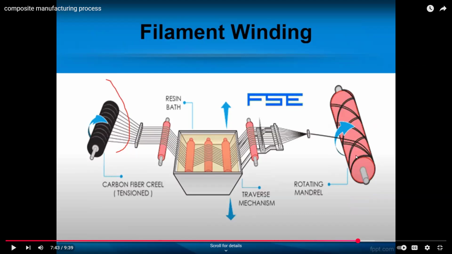At this stage, fibers and resins are wet. It's not solid, it's a liquid. So we can make even small diameters or large diameters. This is a very typical way of filament winding.